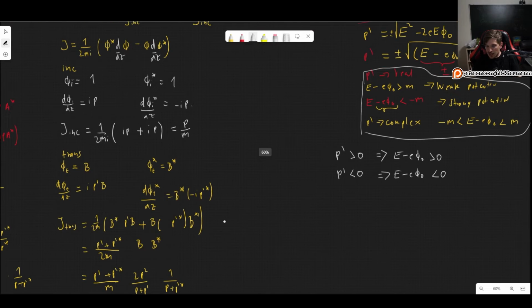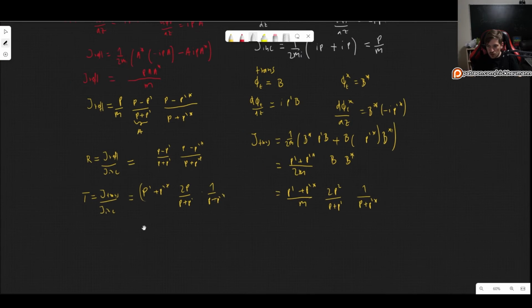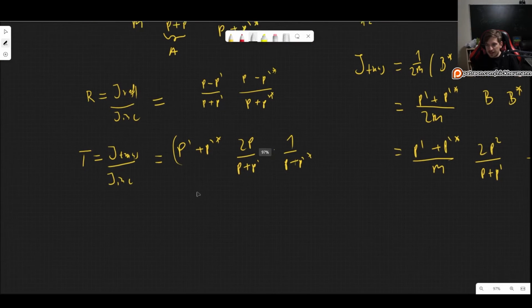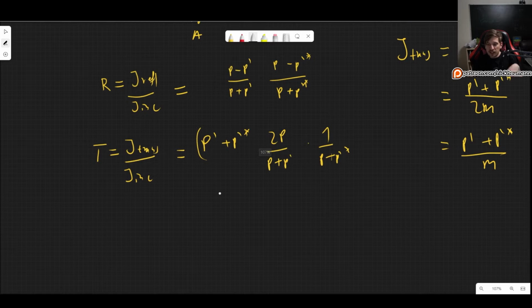Now that we know that, let's go back to our coefficients right here and begin finding some values. Let's begin with the weak potential.